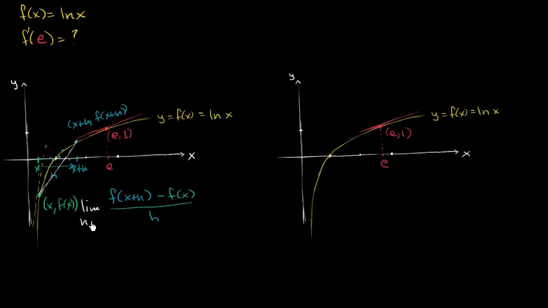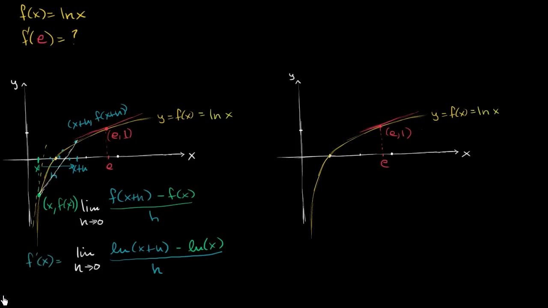So in the case when f of x is the natural log of x, this will reduce to the limit as h approaches 0 of the natural log of x plus h minus the natural log of x, all of that over h. For our particular f of x, this is equal to f prime of x.